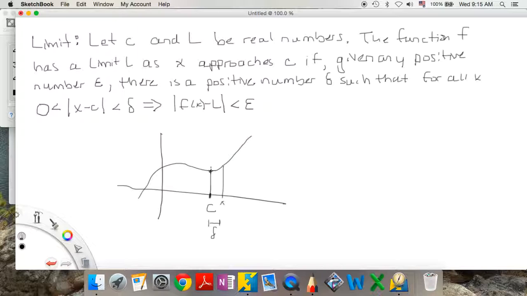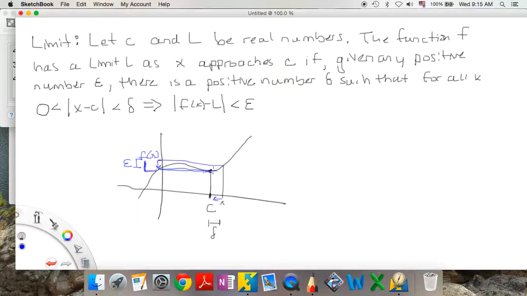And there's a function value here that goes with the c, and there's a function value that goes with the c that we're going to call L. And as our x value gets closer and closer to c, this space is called epsilon, our function value is going to get closer and closer to L, and these spaces are going to get smaller.